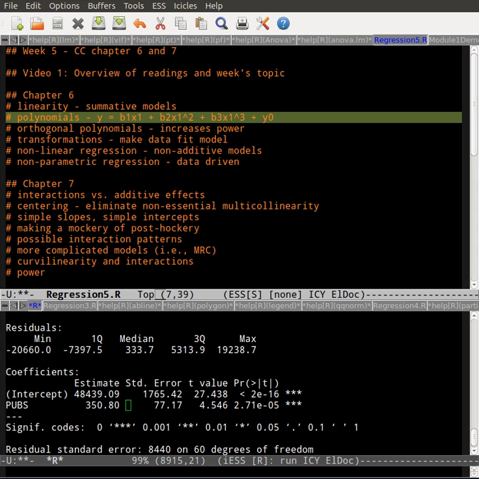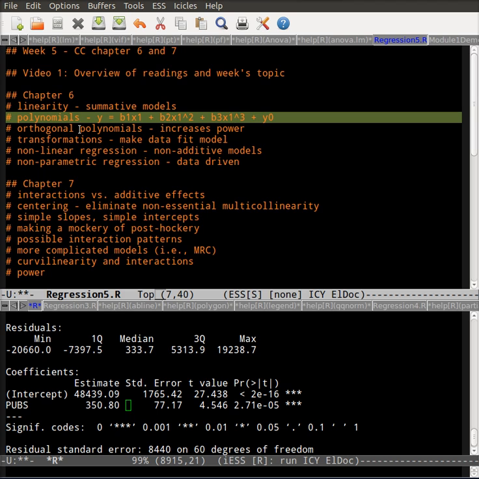And the reason why this polynomial model works is because what we're expecting is that there is an additive function that allows x to have a polynomial or a complex relationship with y, so that x can have a linear component, that's this part, a quadratic component, and a cubic component.